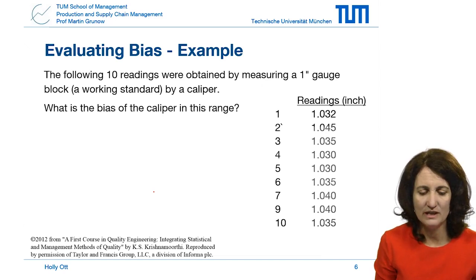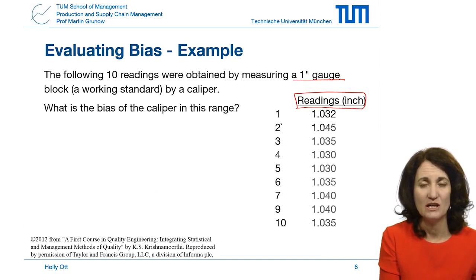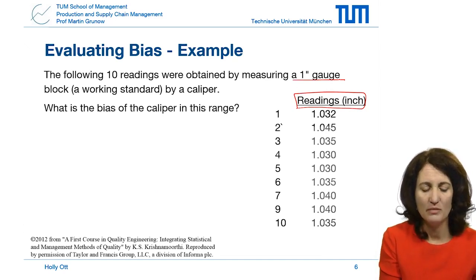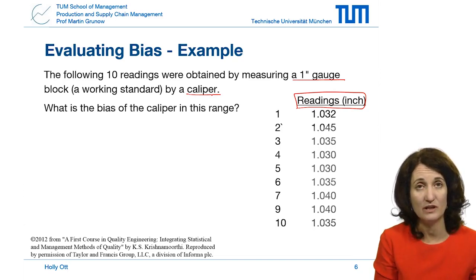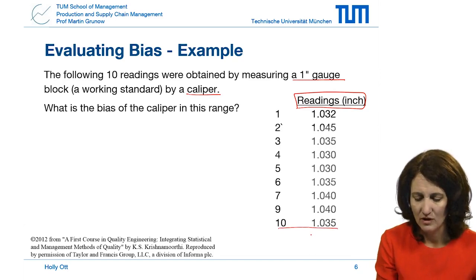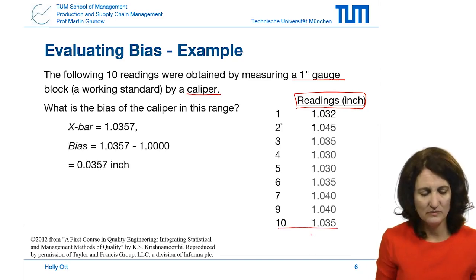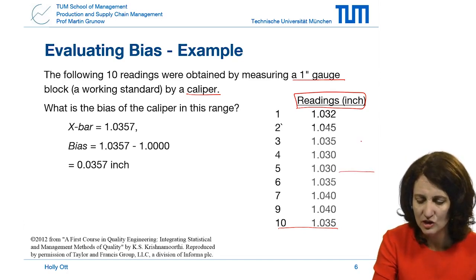Here we have 10 readings of a 1-inch block by a caliper. And we're interested in the bias of the caliper in this range. So what we want to do is to sum up all of these values. These values are distributed.